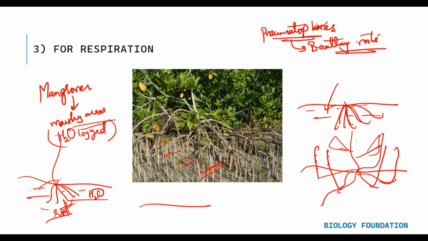The pores which are present on those roots are called pneumatophores, and these pneumatophores help in proper breathing of the roots, hence they are also called breathing roots. In which plants can you observe this? In mangroves, and these mangroves grow in marshy areas or waterlogged conditions.